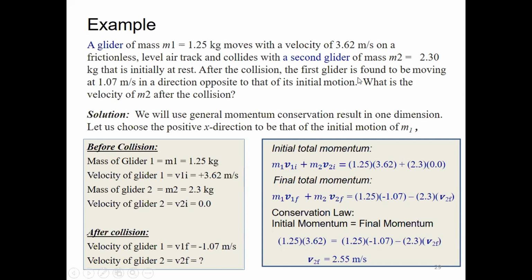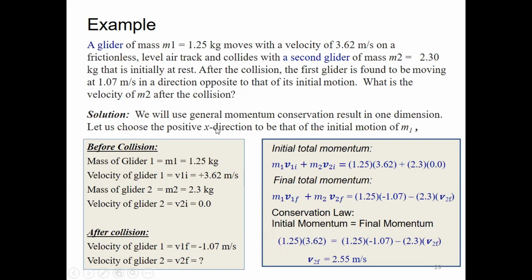After the collision, the first glider is found to be moving at 1.07 meters per second in the direction opposite to the initial direction. So its direction has been reversed and the velocity has decreased. What is the velocity of the mass m2 after the collision?